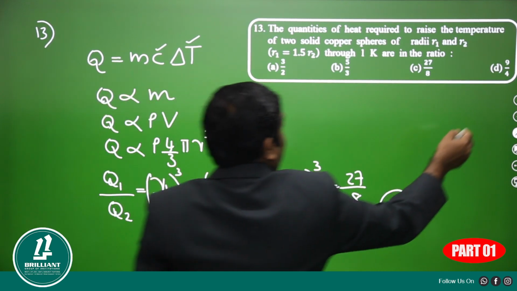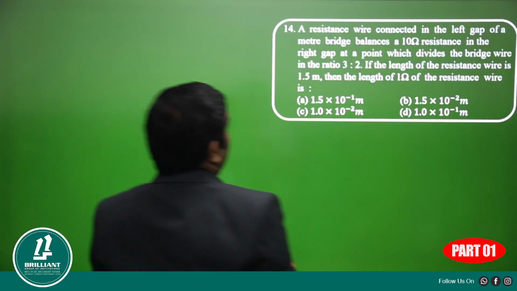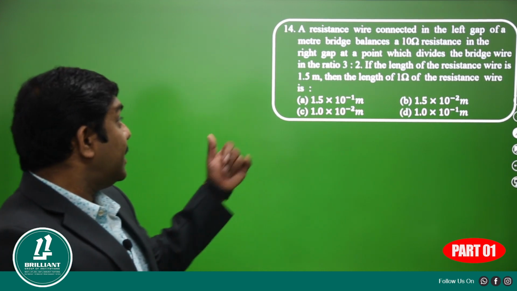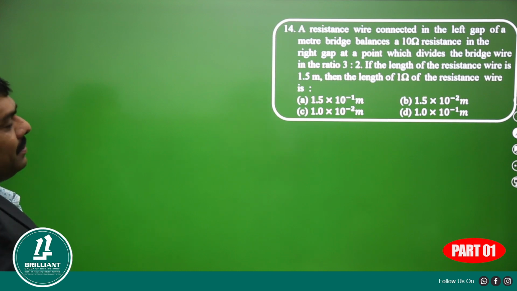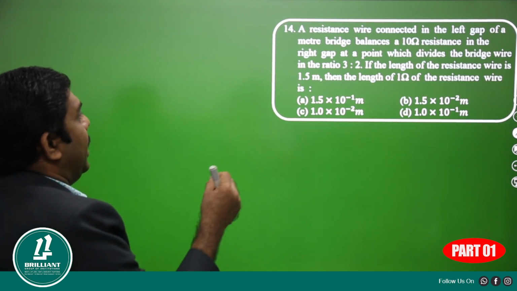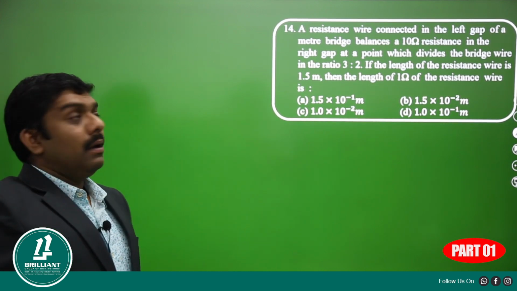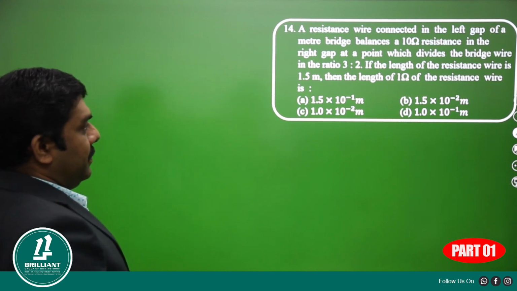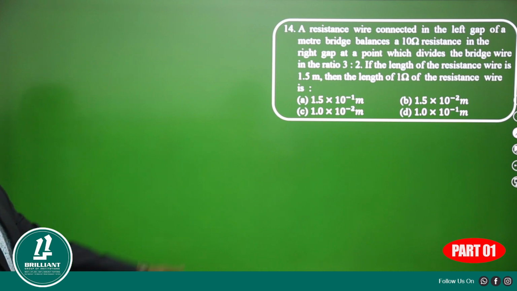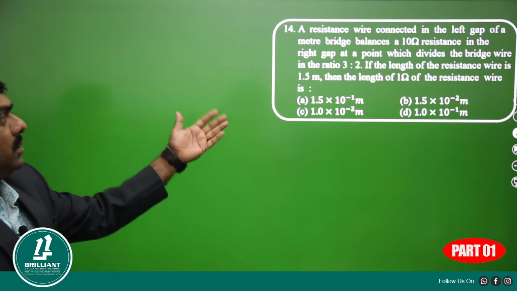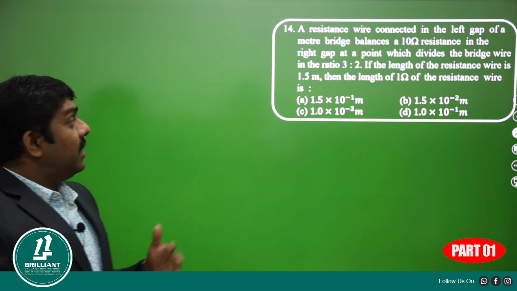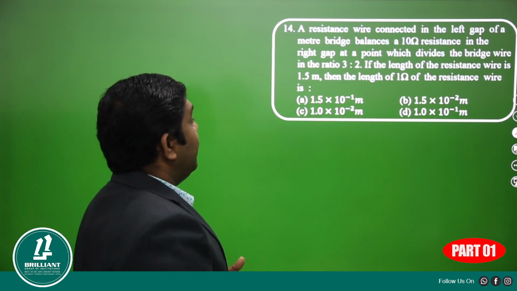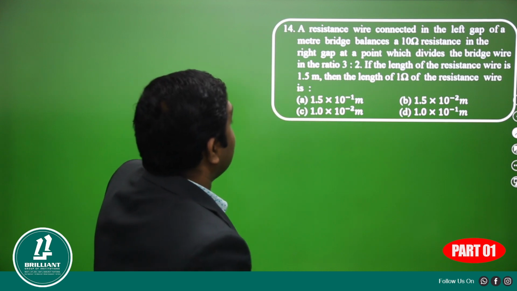Now we are doing the next problem, the 14th question. A resistance wire connected in the left gap of a meter bridge balances a 10 ohm resistance in the right gap at a point which divides the bridge wire in the ratio 3:2. If the length of the resistance wire is 1.5 meter, what is the length of the 1 ohm resistance wire?